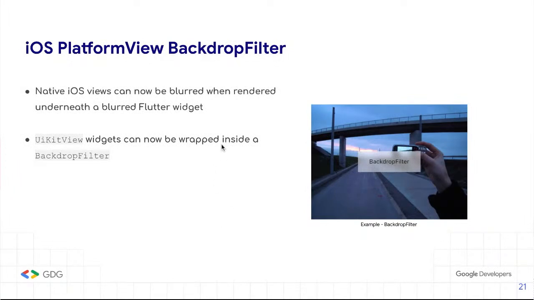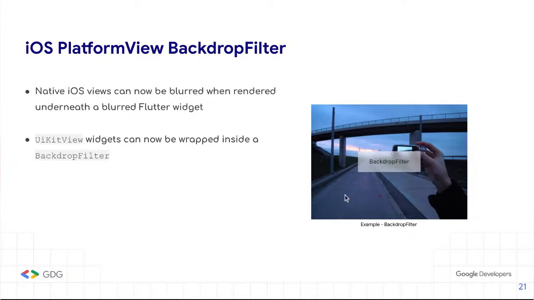So the next update is the iOS platform view backdrop filter. Now you can use the blur objects, Flutter widgets, in native iOS. So the views can now be blurred when they are rendered underneath a blurred Flutter widget.